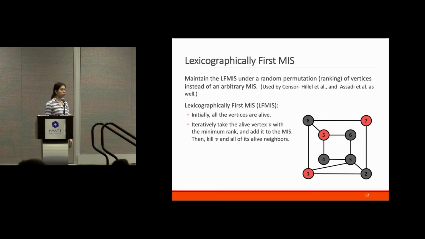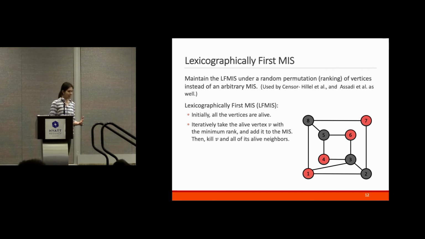If I wanted to just have an arbitrary MIS, I would be done here because it's already an MIS. But because I want a lexicographically first MIS, I have to add 4 because it doesn't have any neighbor of lower rank in the MIS. Because of that, I'd have to remove 5, add 6, and I'm done here.